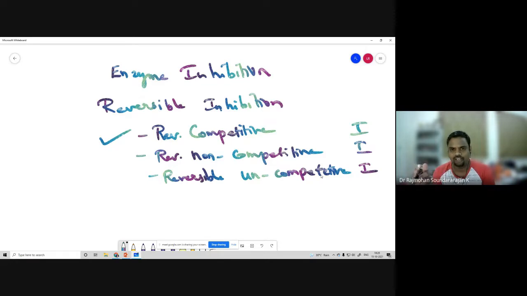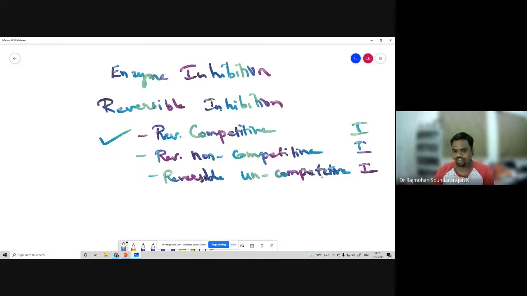You can see that it occupies the space which is supposed to be occupied by the substrate, thereby binding the active site of the enzyme. That means the active site is not available for the substrate. As long as a competitive inhibitor holds the active site of an enzyme, the substrate will not be able to occupy or bind to it.